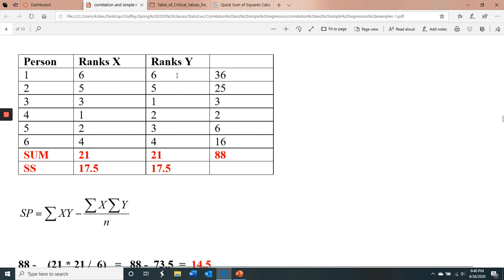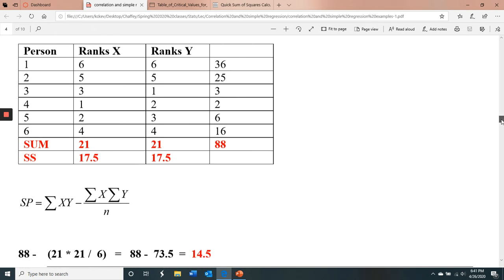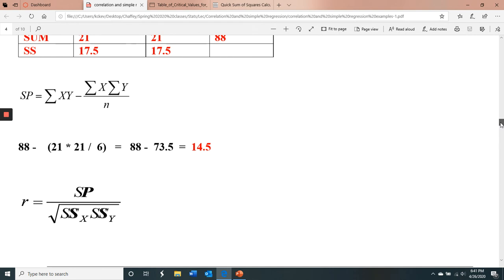Same thing for Y. You have the same exact numbers, so you're going to have the same exact sum. You're also going to have the same exact sum of squares for X as you do for Y. So now you might be thinking, oh, this is actually looking a little bit simpler now.